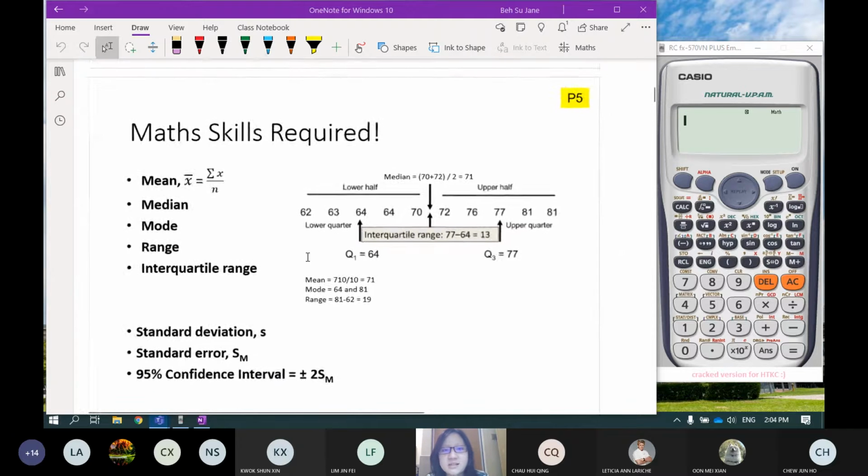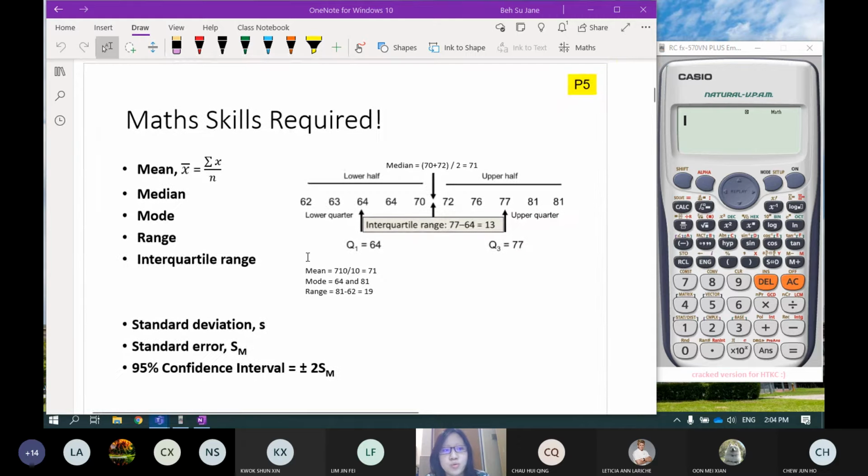Many of you take maths, and therefore I expect you to know already. Now, if you struggle with this, let me know. I will help you out, okay? But it's quite easy, that part. So we're just going to skip ahead to standard deviation, standard error, and later on the 95% confidence interval.